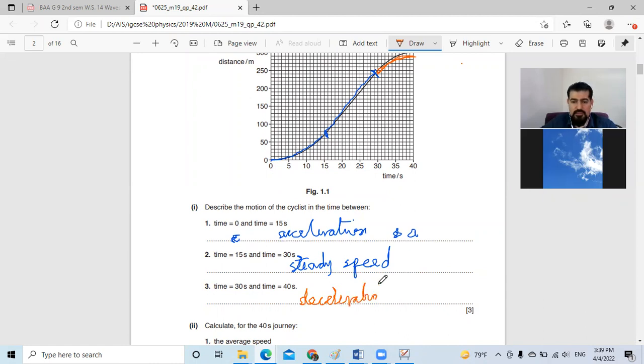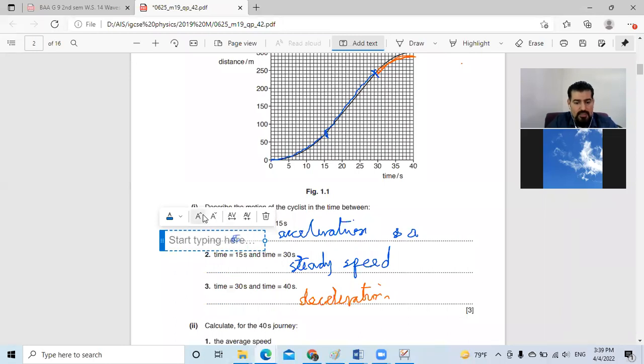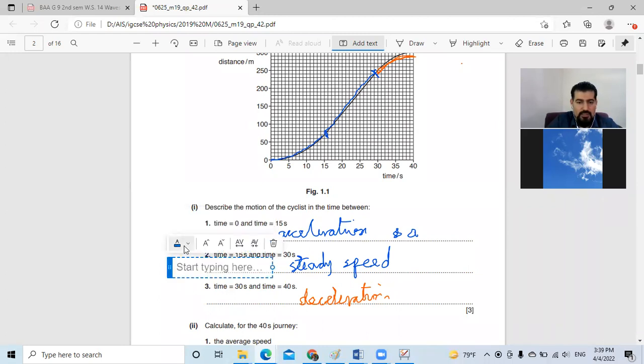I am sorry, my handwriting is not that good, so I will switch from writing to typing. In the first one here, it is acceleration, because the speed increases. The second one is steady speed or steady velocity.